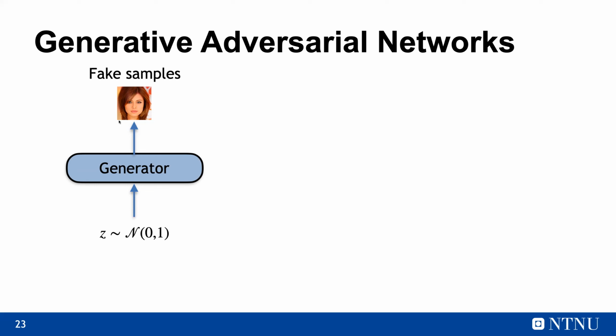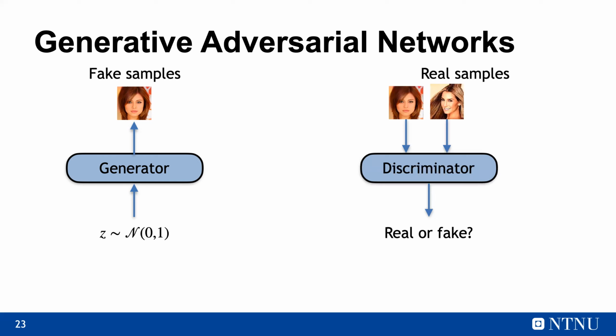To define an objective function to train this generator, we have a discriminator. The task of the discriminator is only to predict if a training sample or generated sample is real or not. So we pass this random noise through the generator, generate a fake sample, and then we feed this into the discriminator that predicts, is this image real or is this image fake? And depending on the decision of the discriminator, you're able to train the generator through gradient descent.